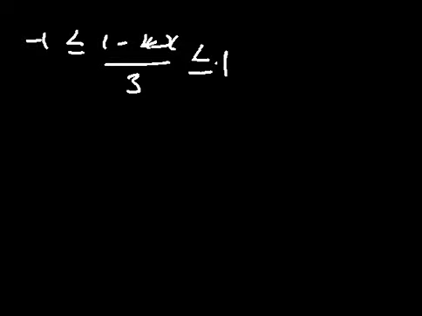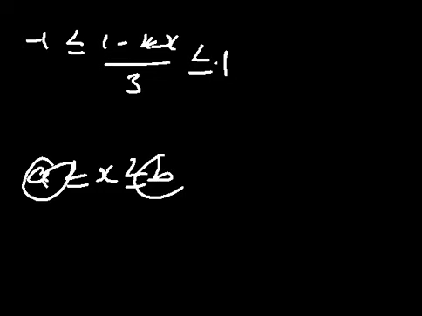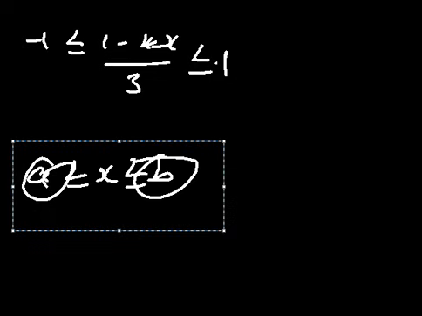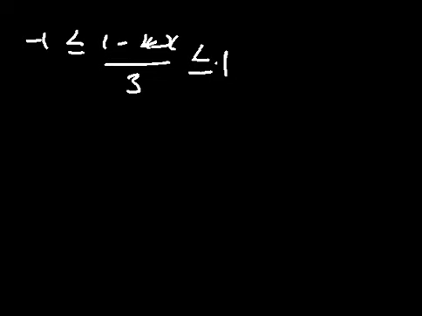What is that one? Here we have two inequality symbols, so the answer should also have two inequality symbols, and the solution has to be in this order: a less than or equal to x less than or equal to b, where a and b are real values. At the end of the day, we should have x in the middle.